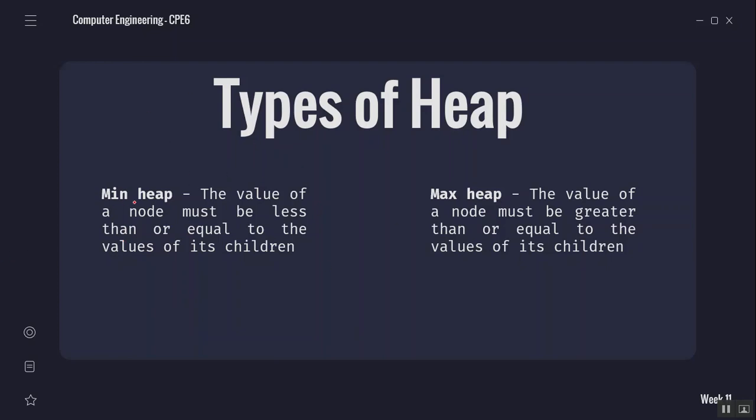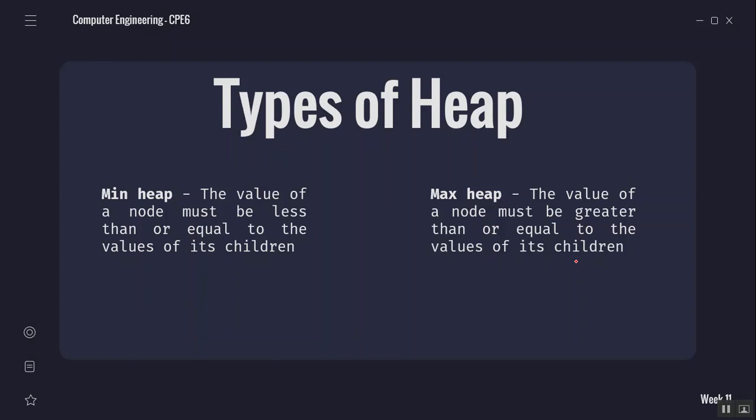The property of a min heap is that the parent node always has a lesser value than its child. And then the complete opposite of min heap is the max heap. The value of a node must be greater than or equal to the values of its children. Meaning to say, the parent node is always greater than its children.